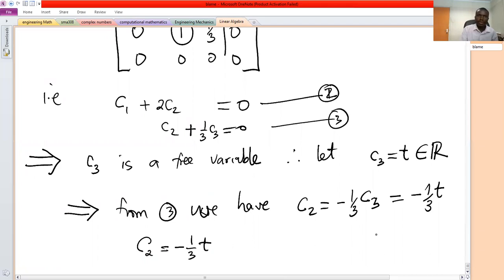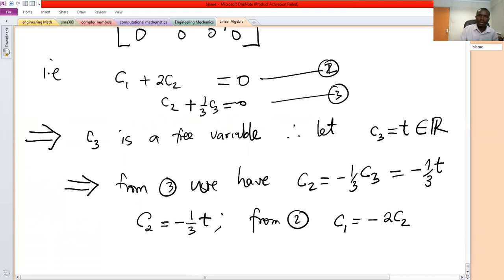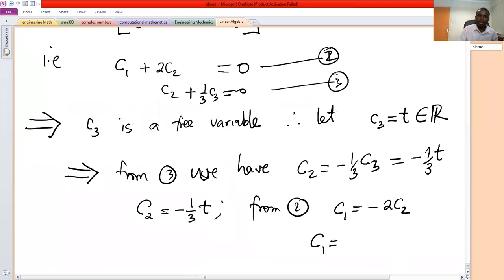And then from equation 2, C1 equals to minus 2 C2. And because I have the value of C2, then I can get C1. So C1 will be minus 2 times minus 1 over 3 t, which will be 2 over 3 t.